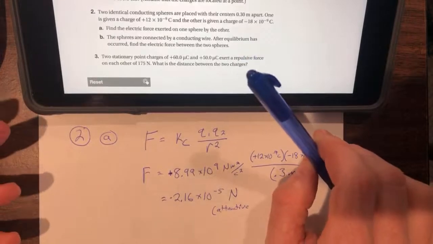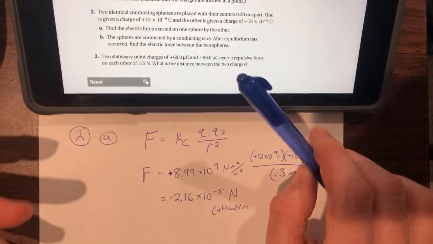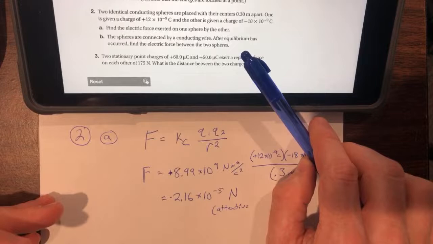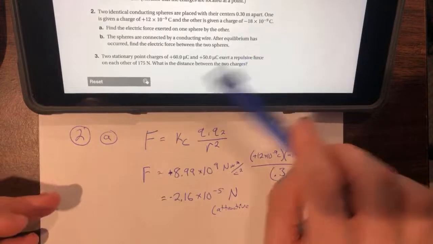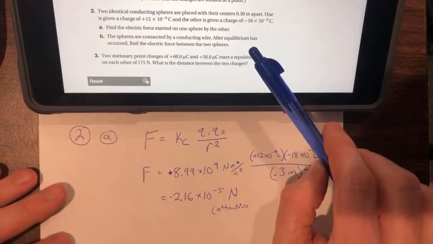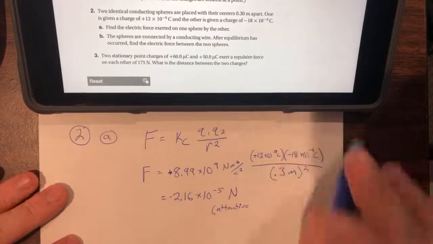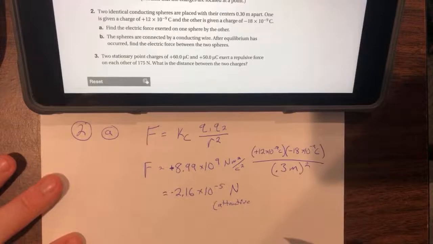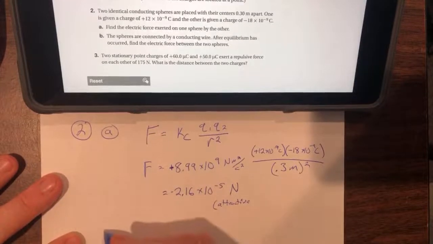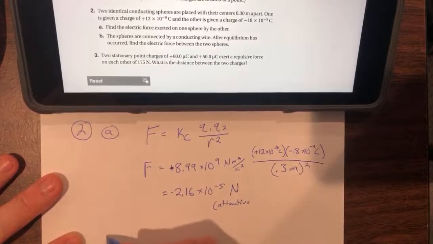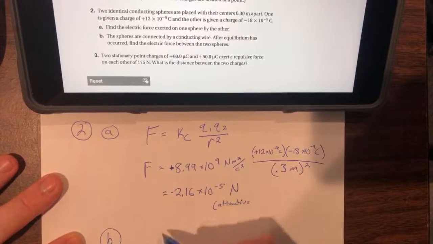So once they're connected through a conducting wire, that means electrons can flow from one side to another, so electrons will flow until they have the same charge. So once they have the same charge, then it's not going to have a zero force, but it's still going to be a force because the two objects do not have the same charge initially, okay?